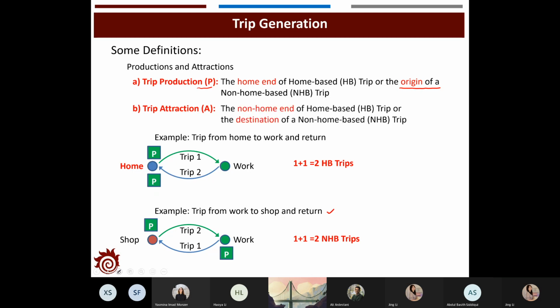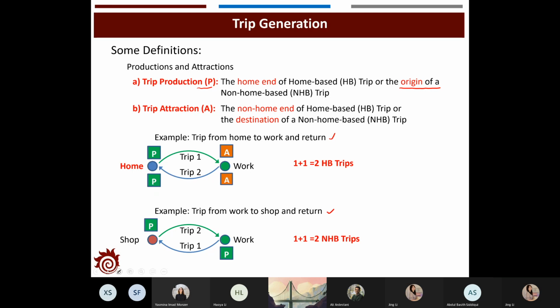With that, we can easily define the attraction. The attraction is defined as the non-home end of the home-based trip or the destination of the non-home-based trip. Back to the first example, the attraction will be the non-home end of the trip. In trip 1, that is the work site, and in trip 2 it is also the work site.